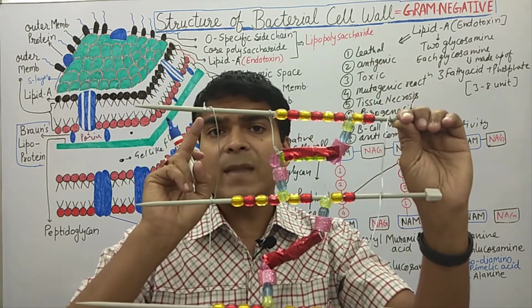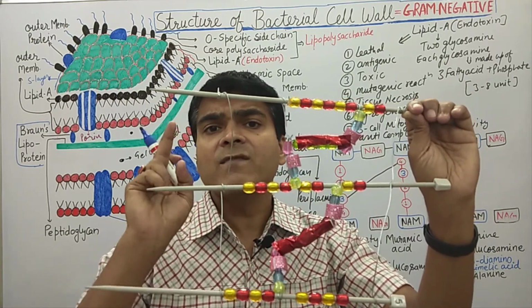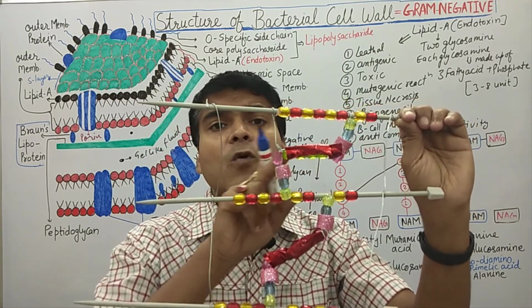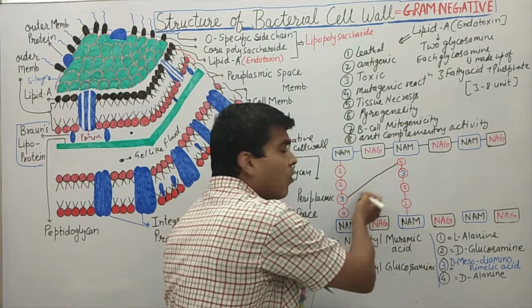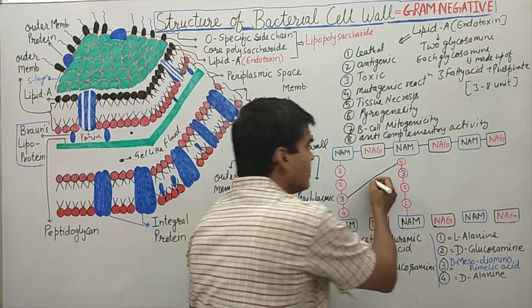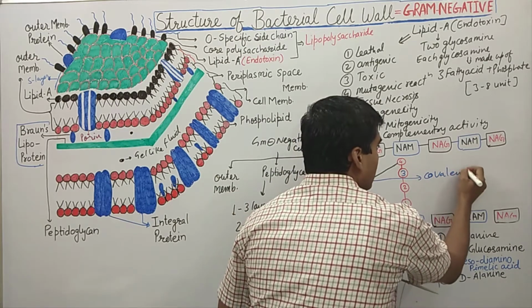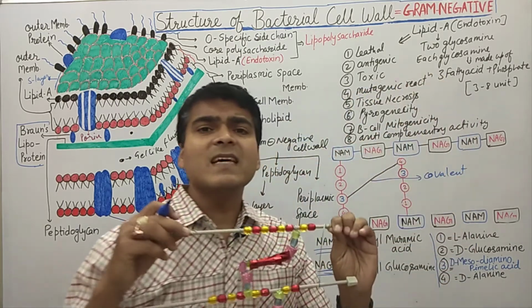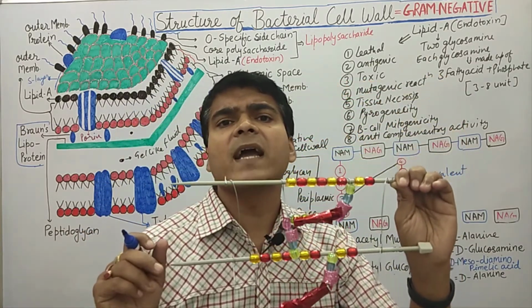But in gram-negative bacteria, we do not find a pentaglycine bridge. Instead, we find only a covalent bond. So they are simply connected with a single covalent bond. Clear everyone? This is the big difference between gram-positive and gram-negative bacteria.